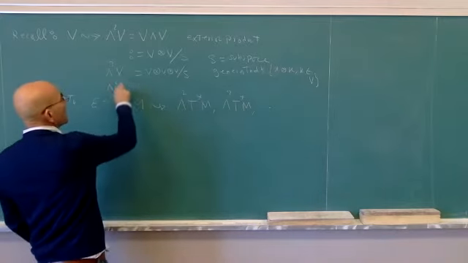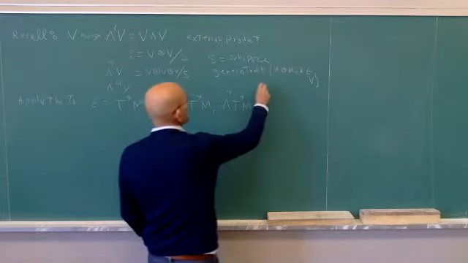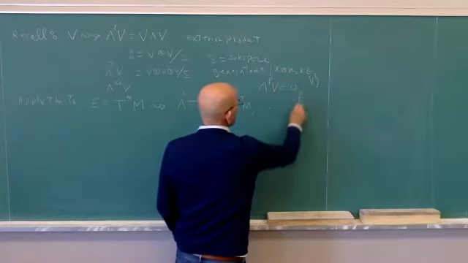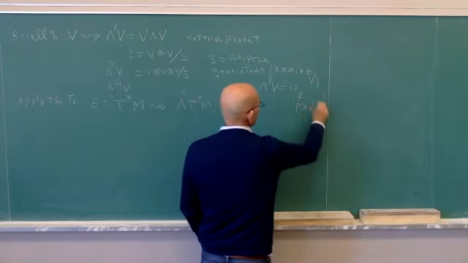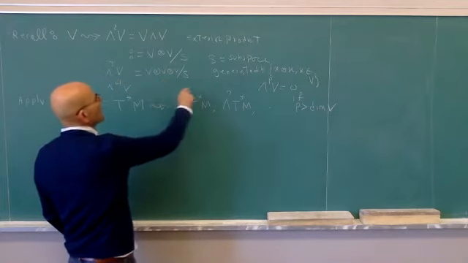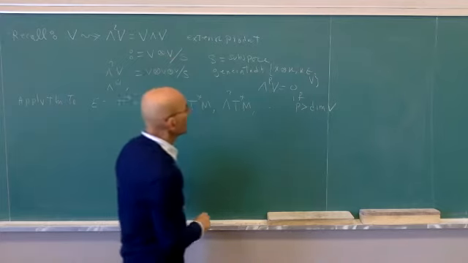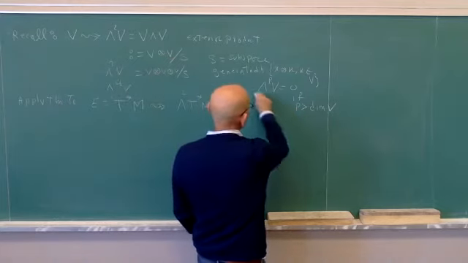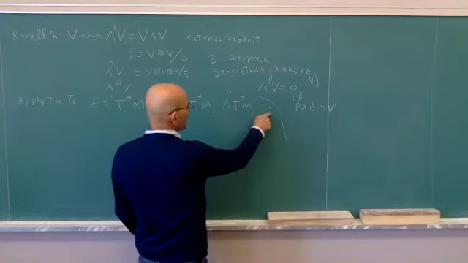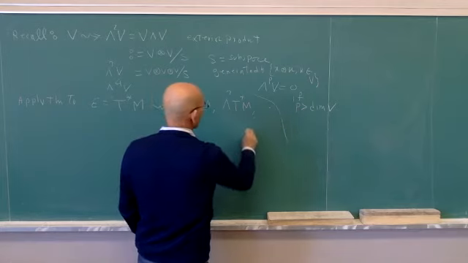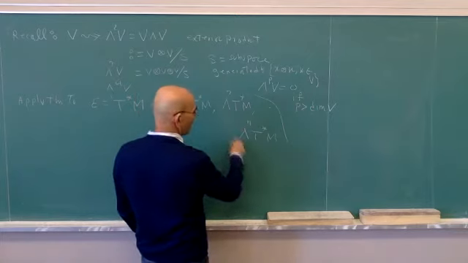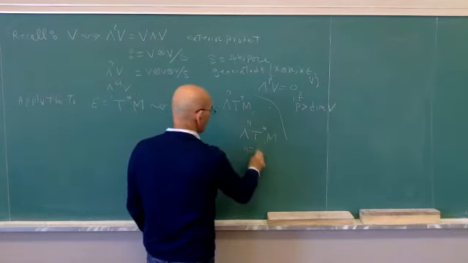Of course, you notice immediately that wedge P of V is equal to 0 if P is bigger than the dimension of V. By choosing a basis, you can easily check this. So it stops at wedge N of T star of M, the top one, where N is the dimension of M.